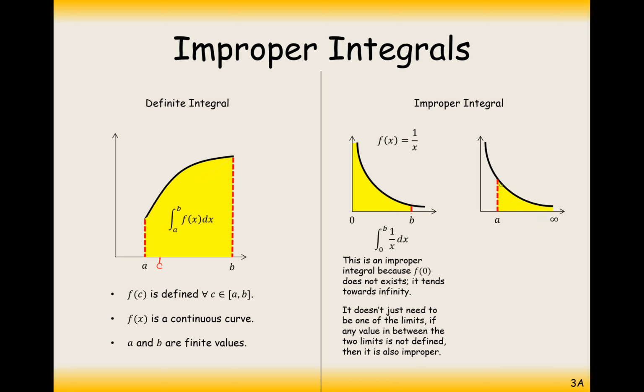So if I do an integral from a up to infinity, it doesn't have to be on any particularly interesting curve, it doesn't have to be the 1 over x curve. Any integral where I'm having to integrate between infinity or even minus infinity up to something is an improper integral as well. So I'm now going to show you how we solve questions to do with improper integrals.